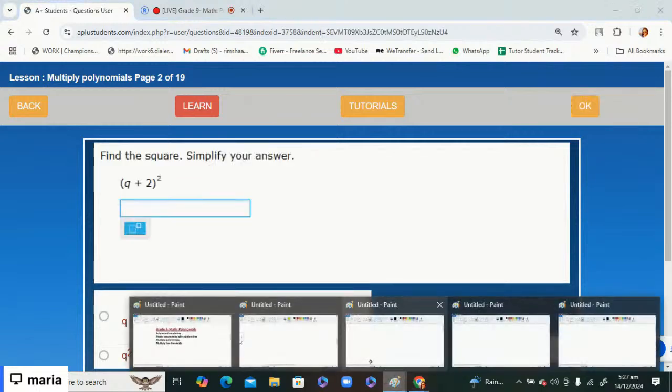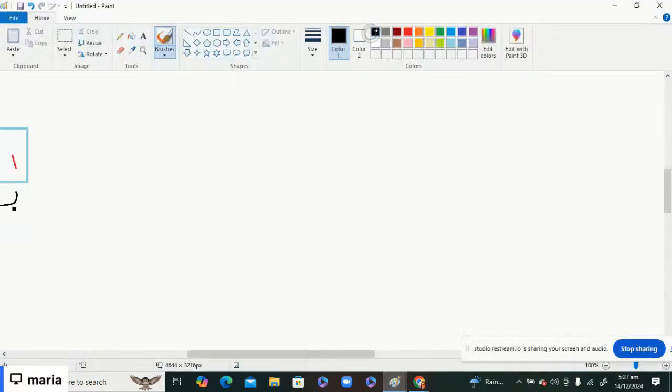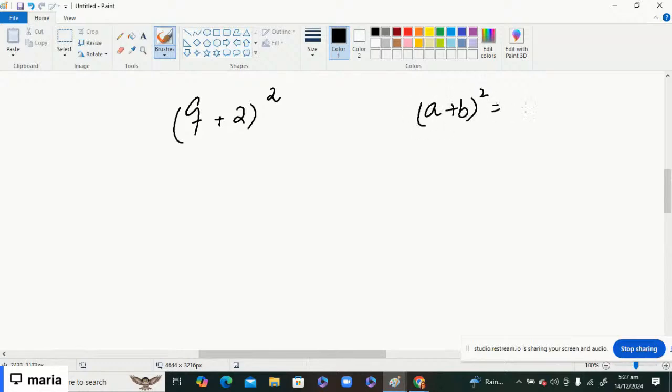So Q plus 2 whole square. There is a proper formula. It's (A plus B) whole square, which equals A square plus 2AB plus B square.